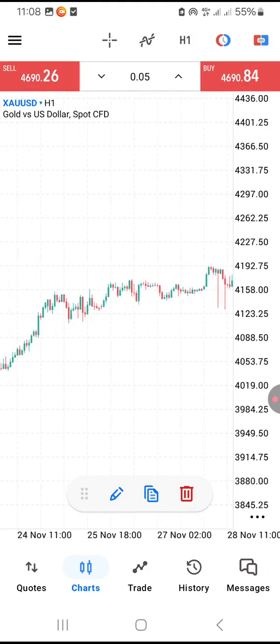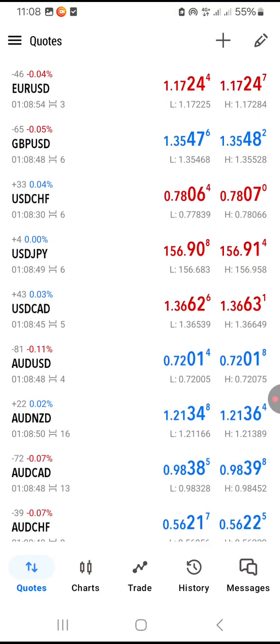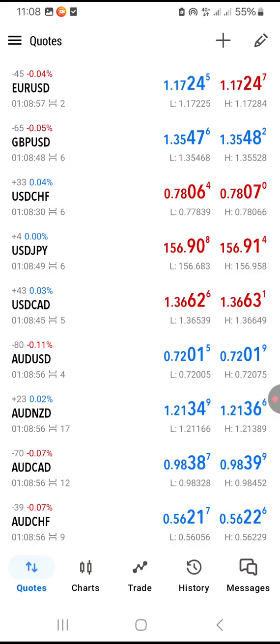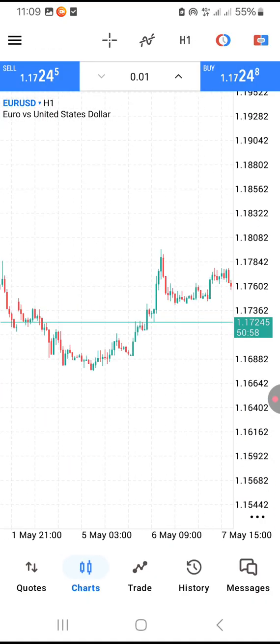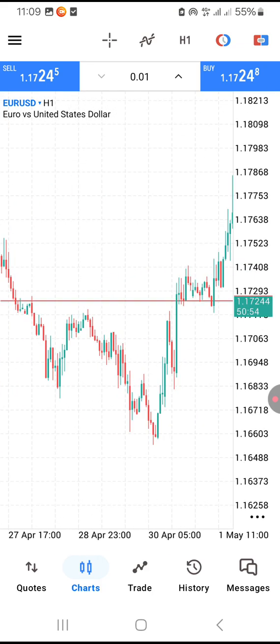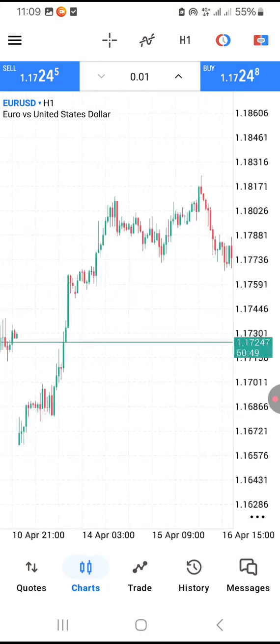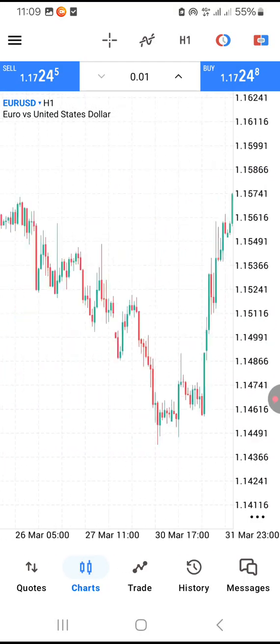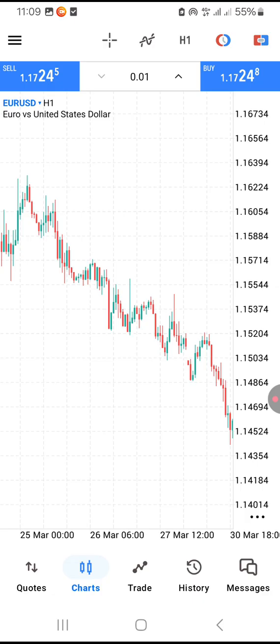I like gold, gold has been amazing. Should we even use GBP USD or EUR USD? This is one of the pairs that I was trading, a very amazing pair. I need something that is more bold, more vocal. Okay, let's use this particular one.